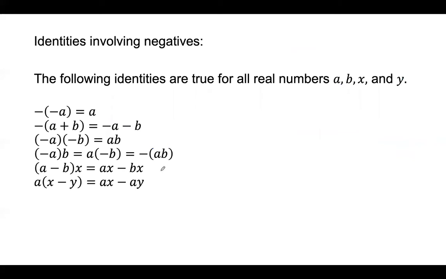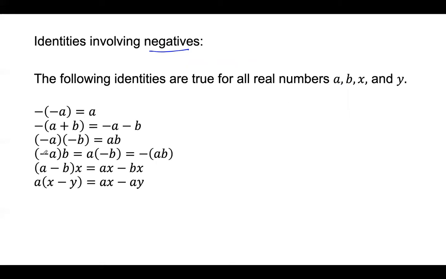Now, the following identities involve negatives, and they're true for all real numbers a, b, x, and y. So we can multiply a negative in and distribute this. We can distribute negatives when you have 2 terms. We can multiply a negative and a negative, and you get a positive.